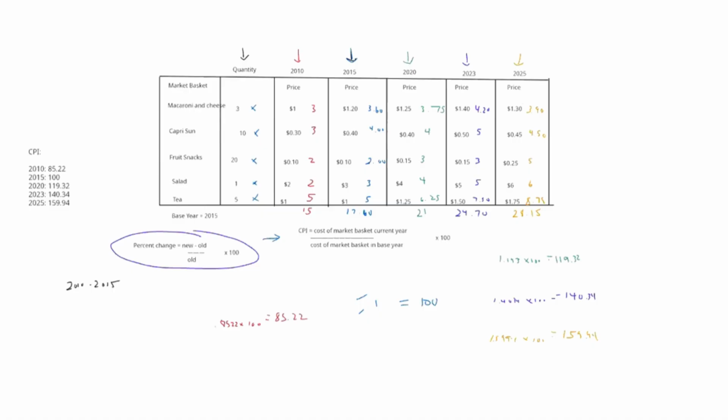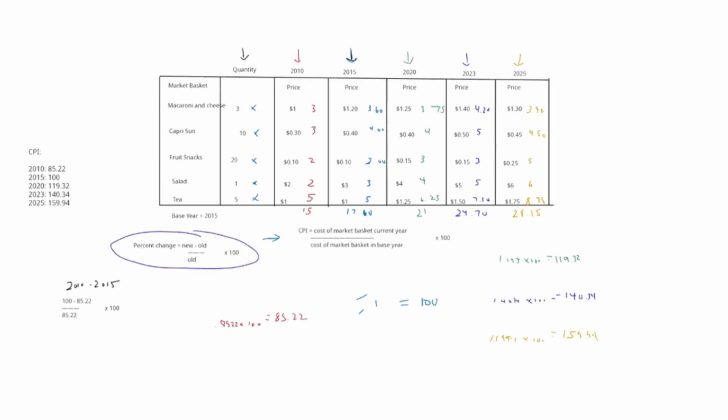So going from 2010 to 2015, we're going to use 100, which is our 2015 CPI, minus 85.22, which is our 2010 CPI, divided by 85.22, because that's the previous value, times 100. So if we do that, we get 100 minus 85.22, which gives us 14.78.